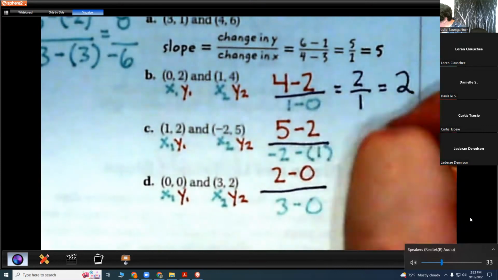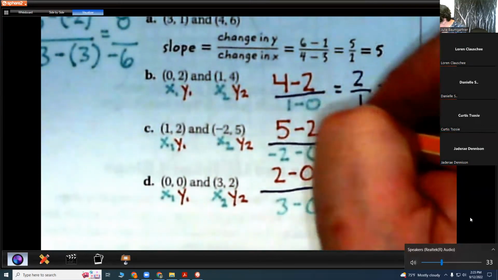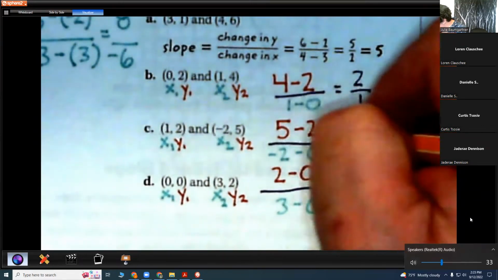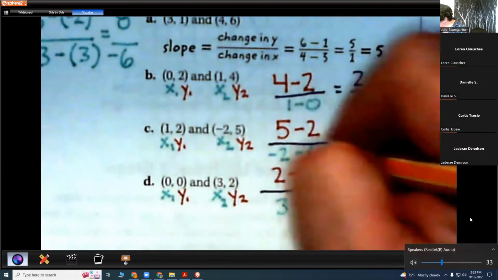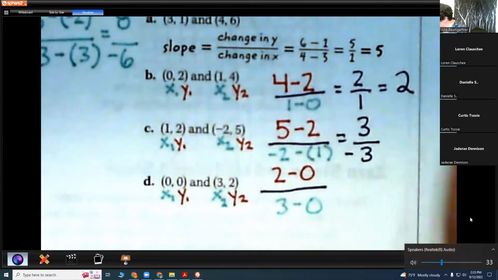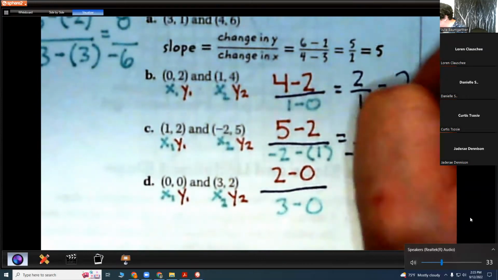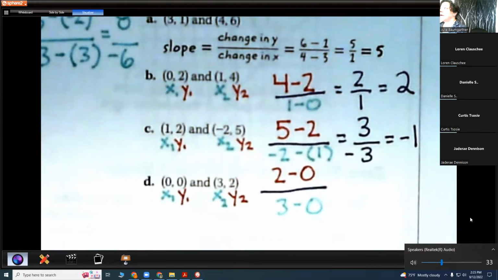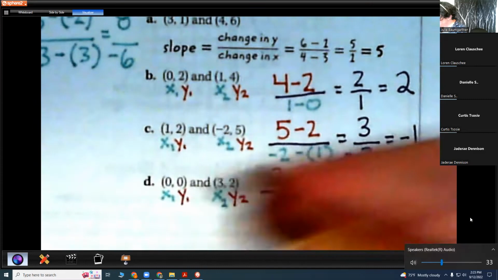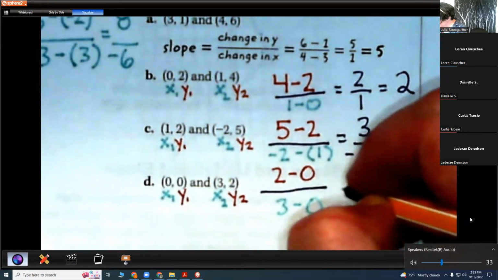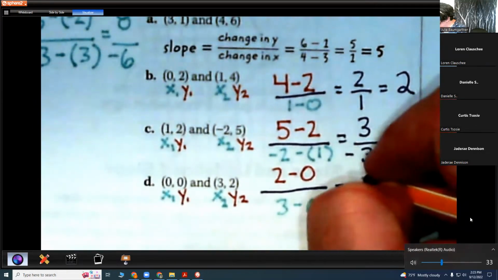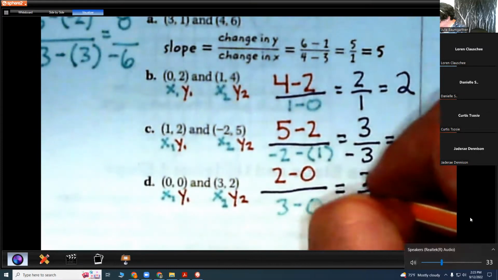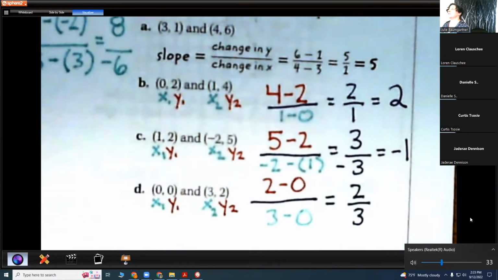All right, letter C, 5 minus 2 is 3. 2 minus 1 is -3, so we know that our slope is -1. And then these are pretty straightforward, since one of our points is going through the origin, but here the slope is 2/3. Did you guys get those? Awesome, very nice.